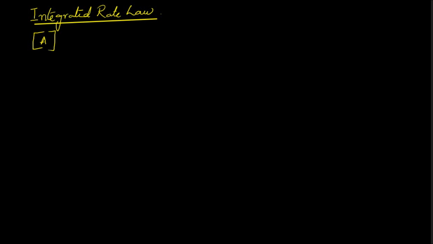A naught to the power 1 minus n equals A to the power 1 minus n, minus n minus 1, kt.